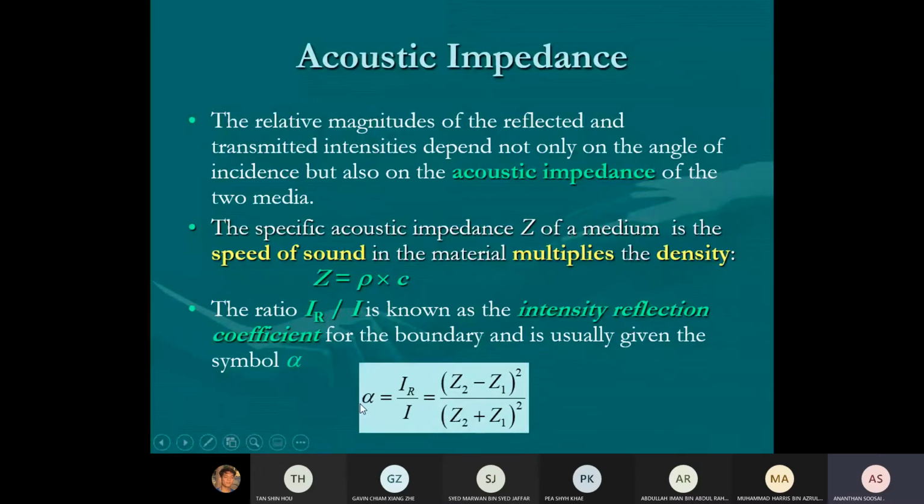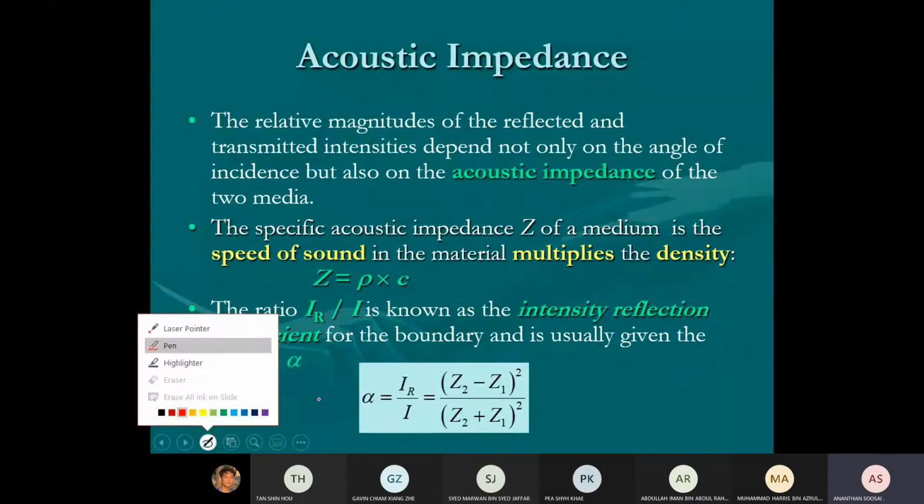That means, tell me, will the majority be transmitted or reflected? Alpha very small means the reflected portion is very small, so the majority will be transmitted. Okay, you got the idea?